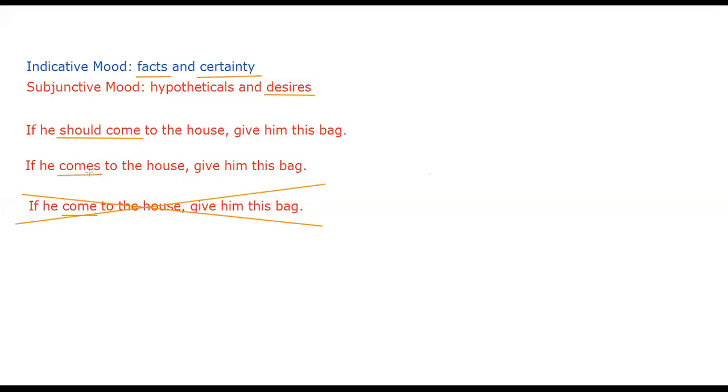But if you don't want to use that, you could also use should to give the sentence a subjunctive meaning. If he should come to the house, give him this bag. And you can even change it around by saying, should he come to the house, give him this bag.